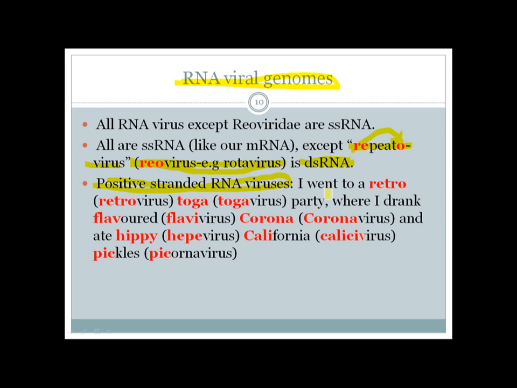So you went to a retro toga party where you drank flavored Corona and hippie California pickles. So: retrovirus, togavirus, flavivirus, coronavirus, hepevirus, calicivirus from California, and picornavirus from pickles. You can recreate the situation and practice it multiple times to help you remember it easily.